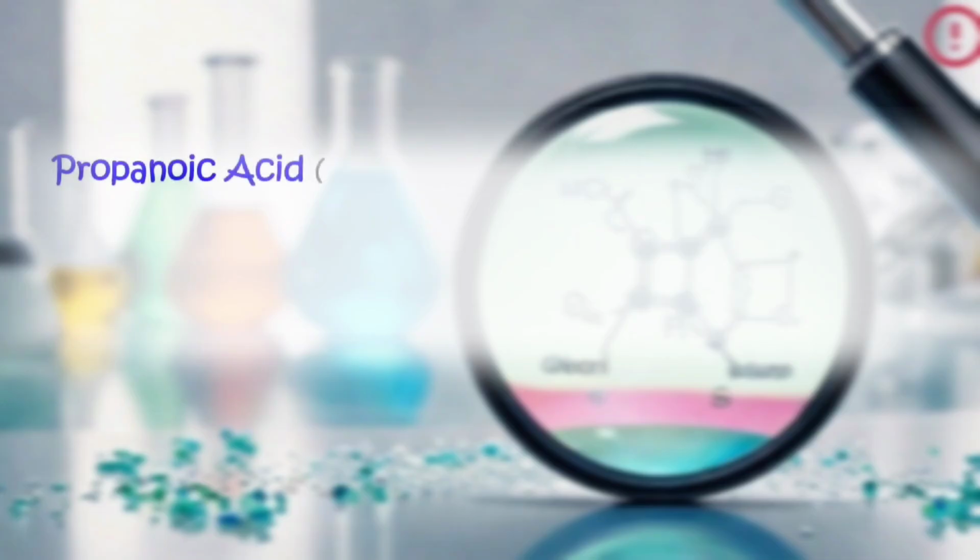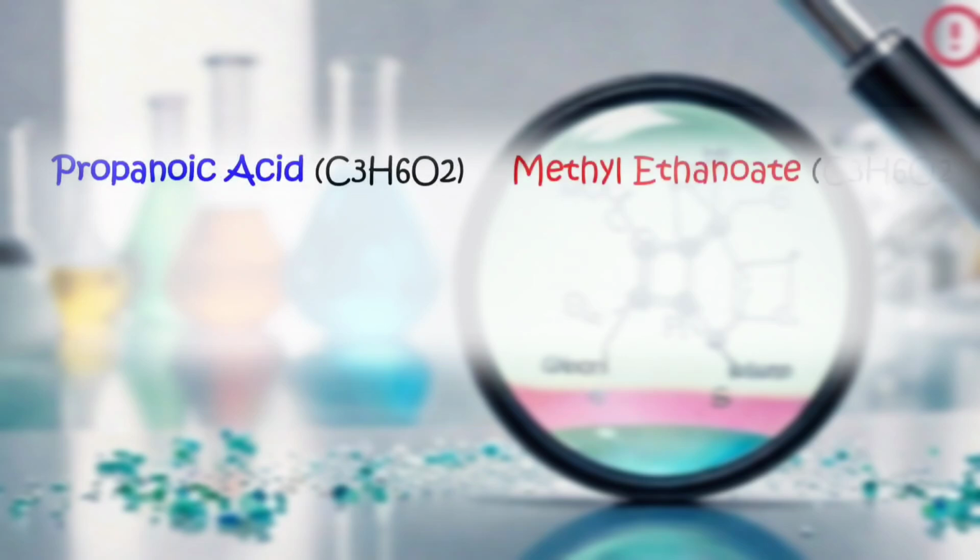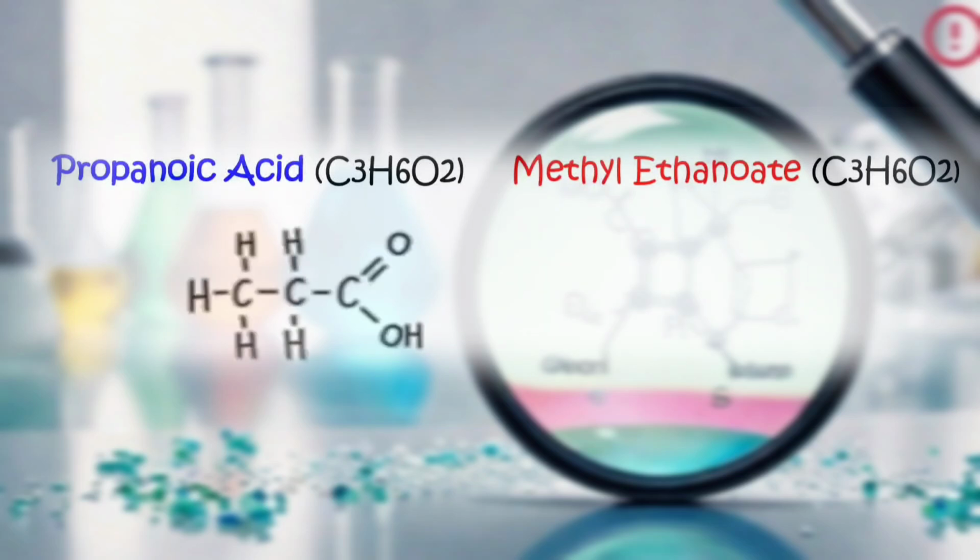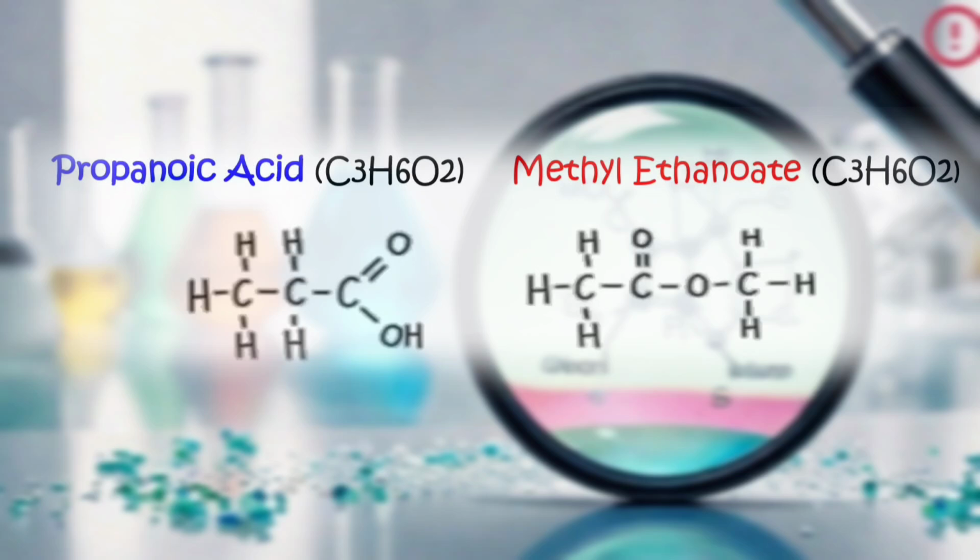Same in the case of propanoic acid and methyl ethanoate. These two compounds also have the same molecular formula. In both molecules, there are 3 carbon, 6 hydrogen and 2 oxygen atoms. But the structural formula gives information about the arrangement of atoms that is quite different.